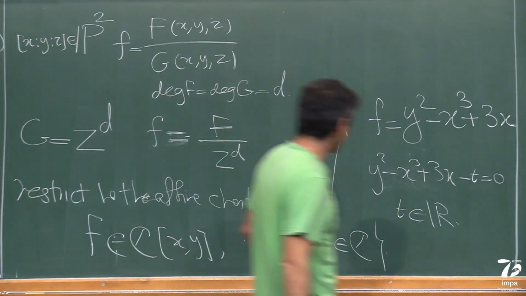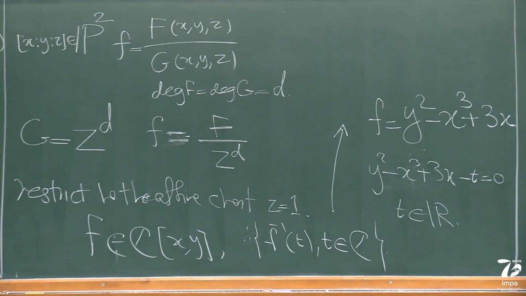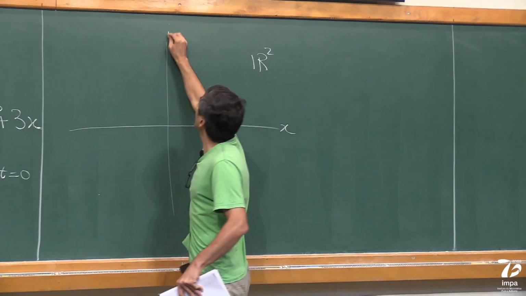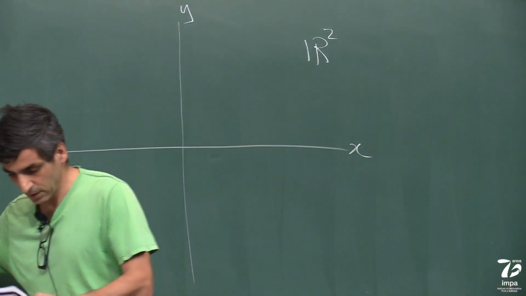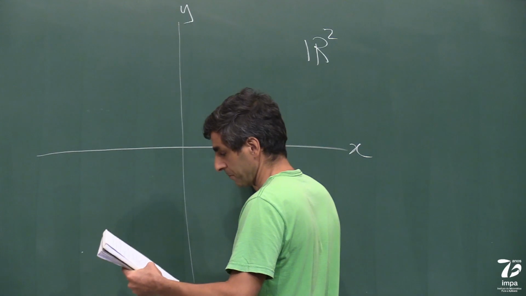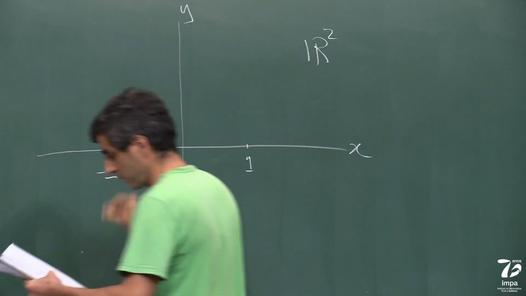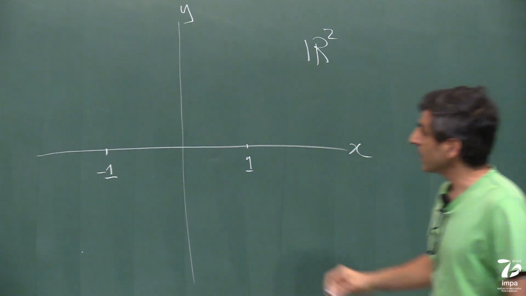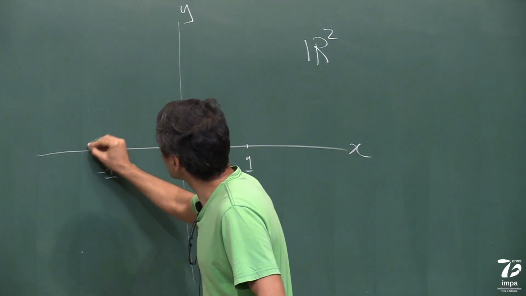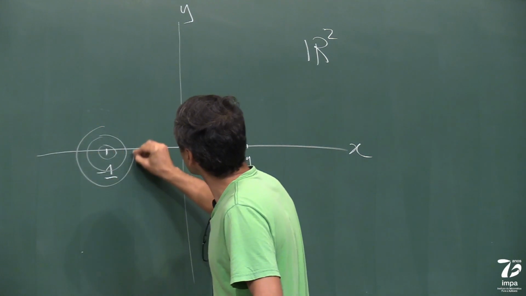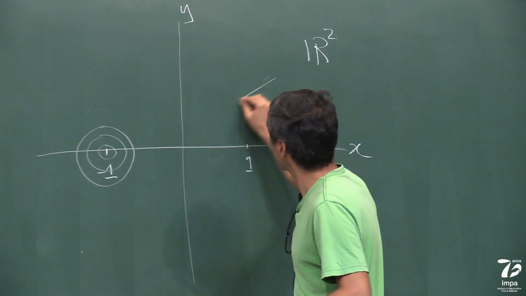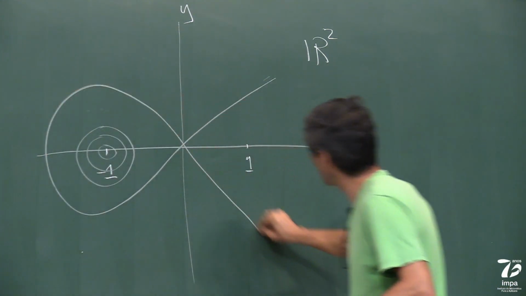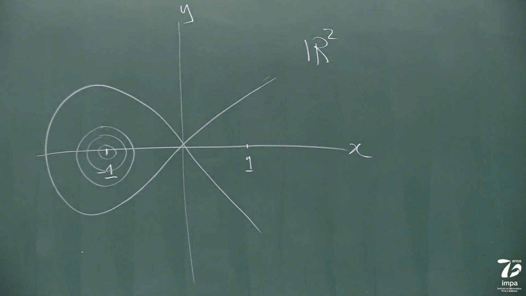If you make the real picture in R2, with x, y, for many different t's, you will get this kind of picture, with 1 and minus 1. There will appear this center, which appeared in the talks this morning, and then there will be an alpha-shaped curve. Oh, sorry, actually not this one.